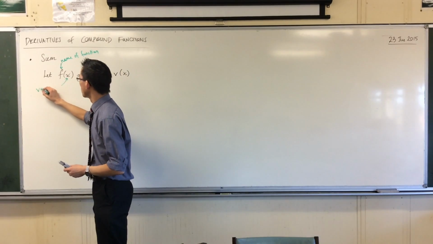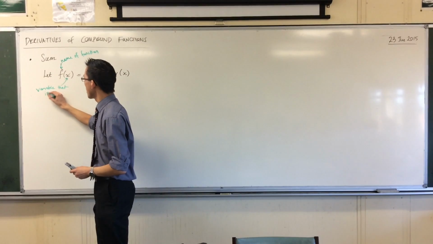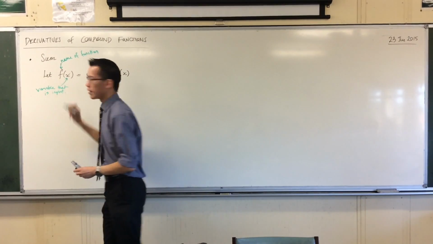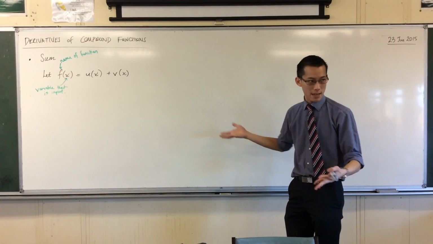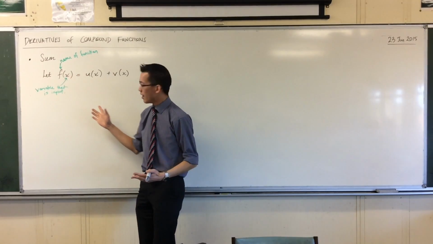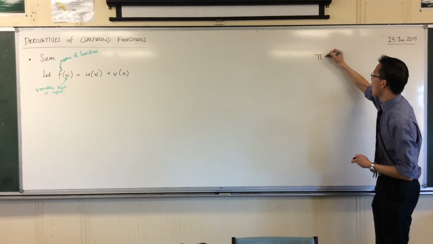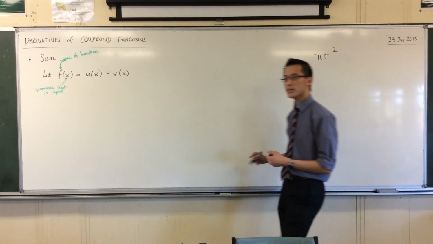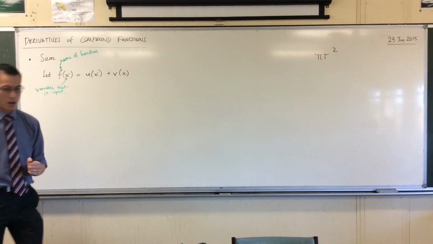The variable that is input. Now, we have been looking at functions with names that have particular variables all the time. For example, one of the most famous ones that you already know is pi r squared. What is the name of this function? It's the area of a circle.